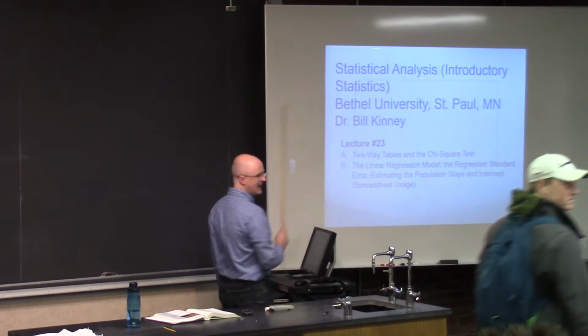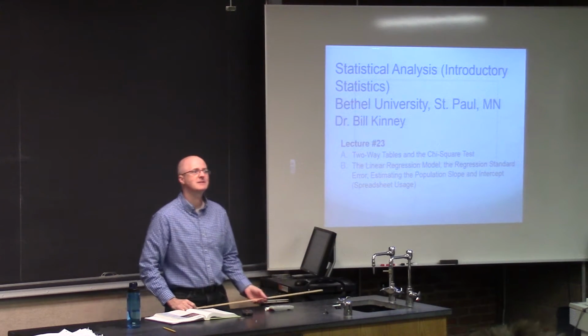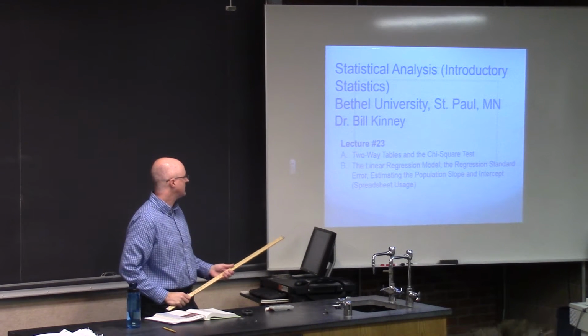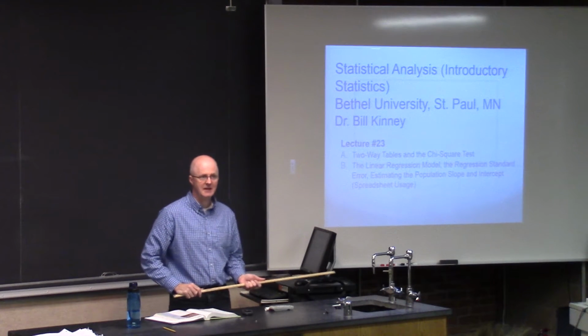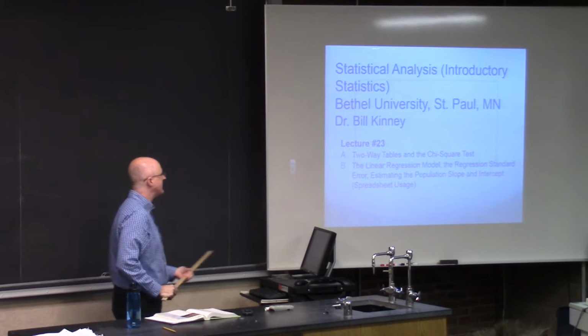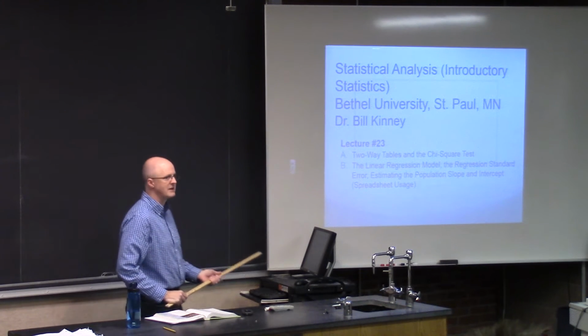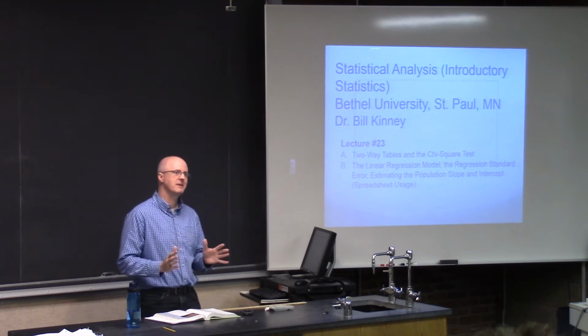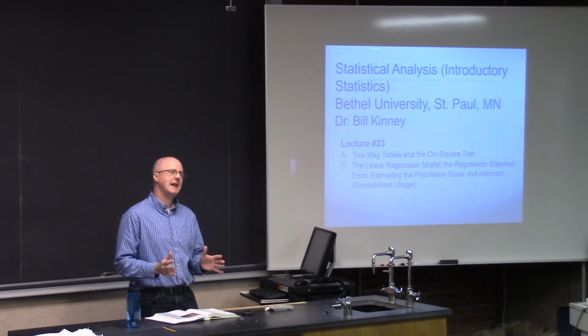Don't say chi, say chi, when you see chi. Then in Lecture 23B, we'll be going back to Chapter 10 again, the regression model. Talk about something new, regression standard error, and estimating the population slope and intercept with sample slope and intercept, focused not on formulas initially, but how to get the answers from the spreadsheet.